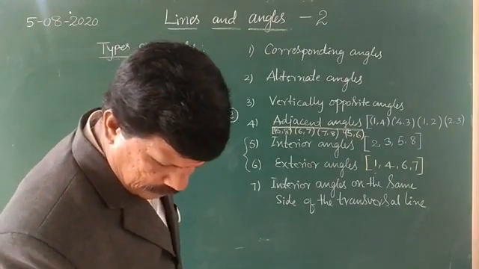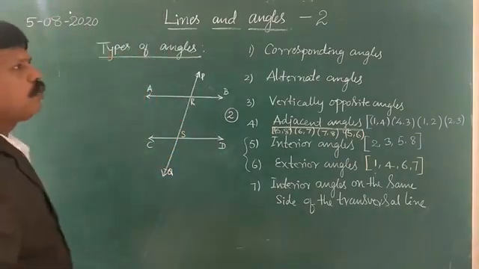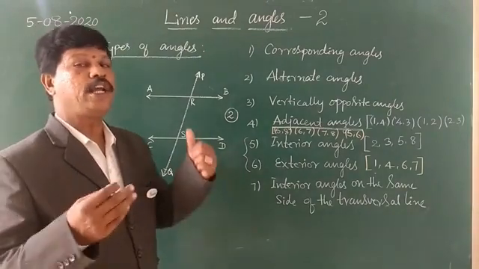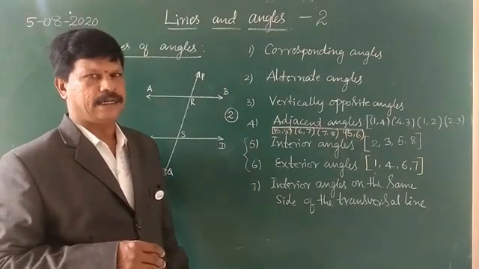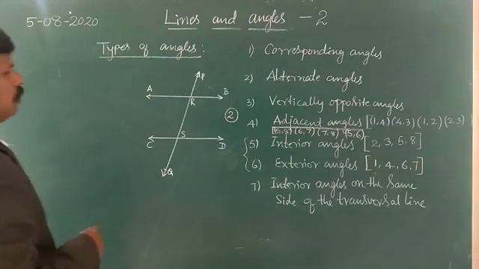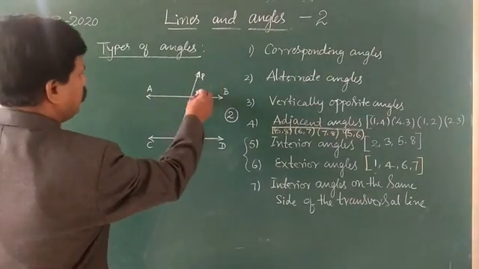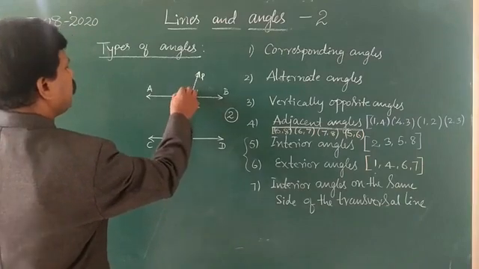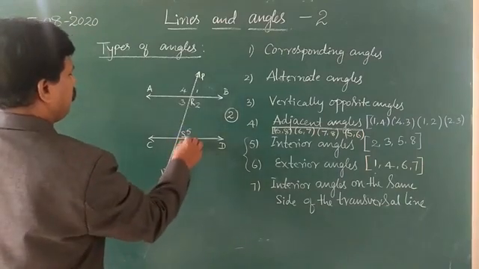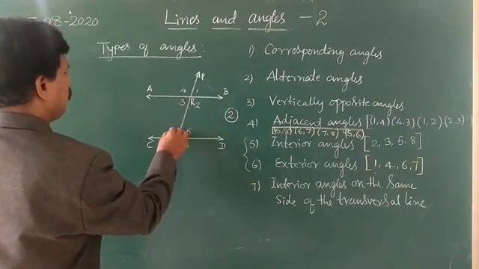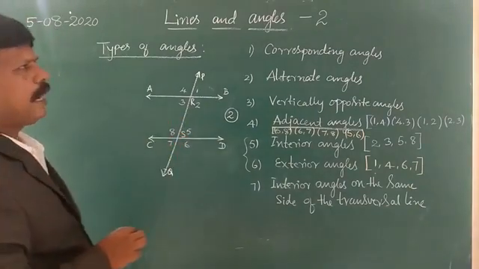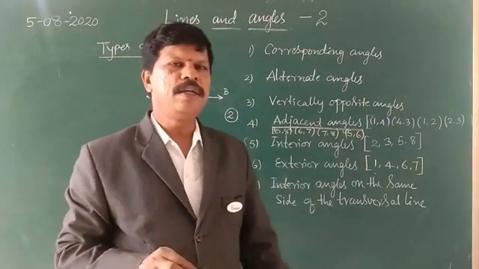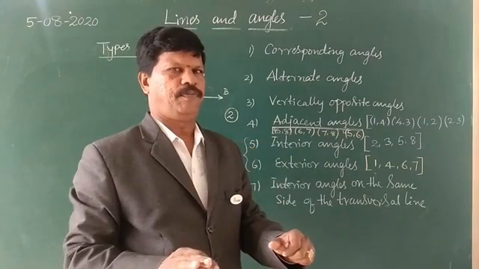Now look at that, the corresponding angles, how the angles are, what is the shape of the corresponding angle. Now, corresponding angles are, look at this, 1, 2, 3, 4, 5, 6, 7, 8. The angles which look similar.